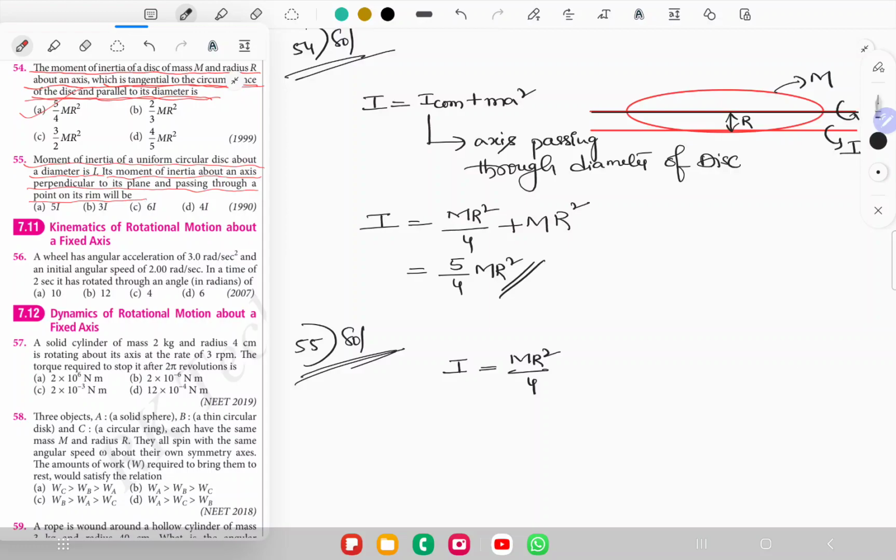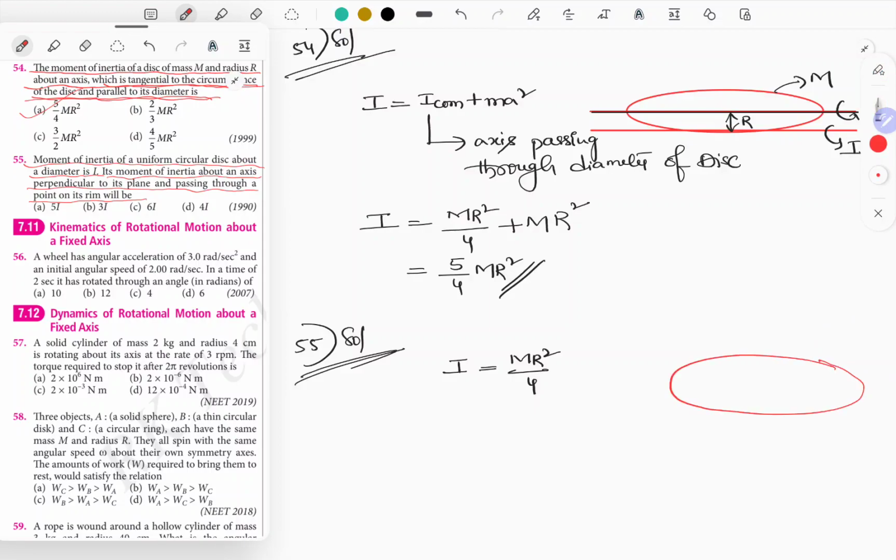So the slight difference between the previous question and this question is that now the axis is passing through one of the points on the rim, but it is perpendicular to the plane of the body. This is how we have to represent it. Is it clear? Are you getting the difference? Through this axis I need the moment of inertia.